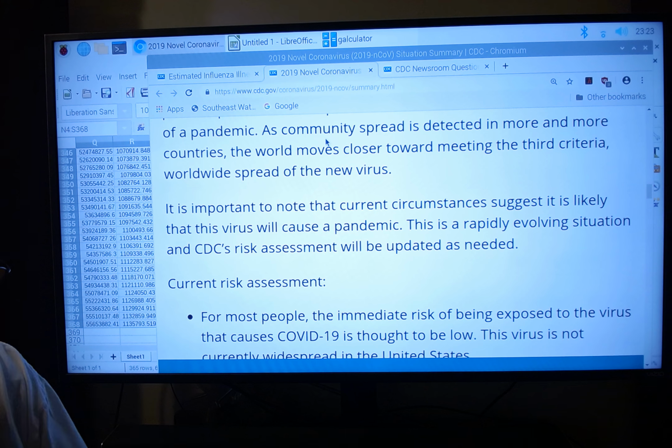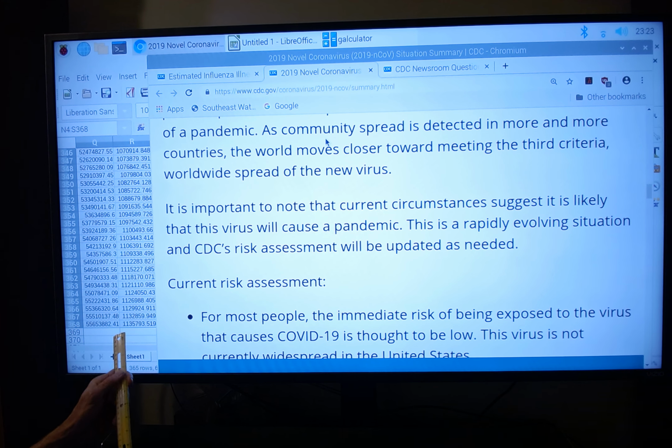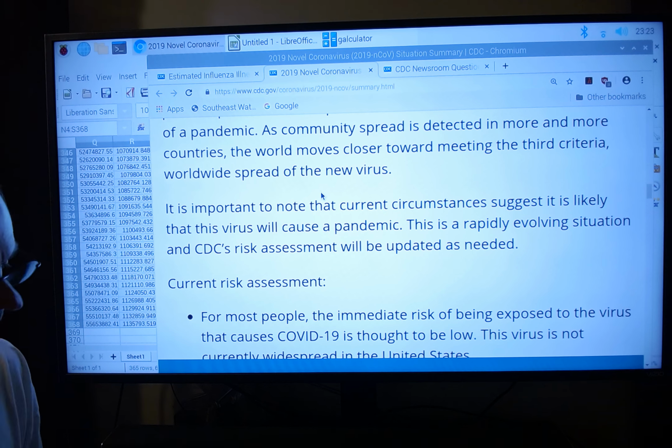And we're looking at 1.1 million deaths from our simple model. I hope it's not that bad, but we'll see. And that's my coronavirus video. Okay, thank you.